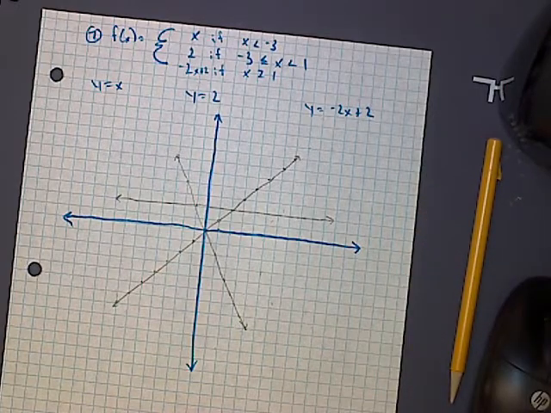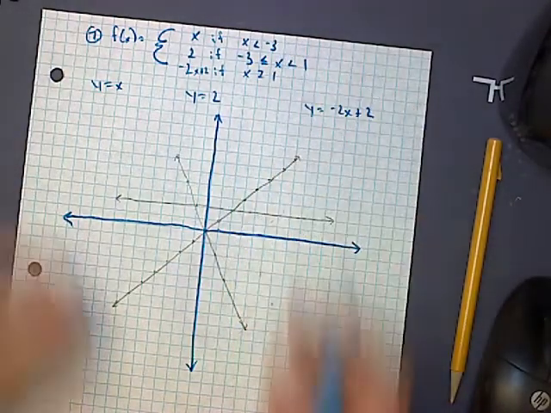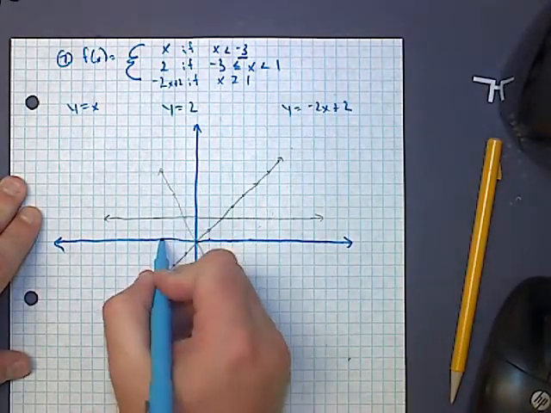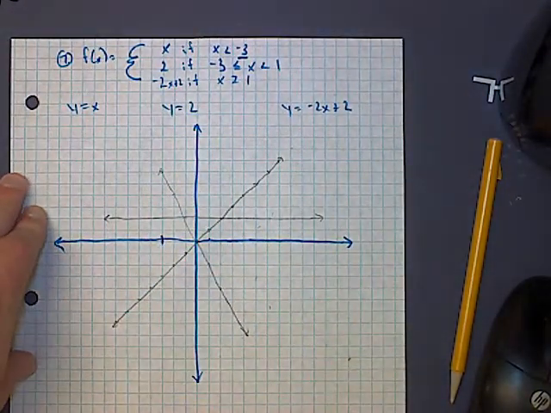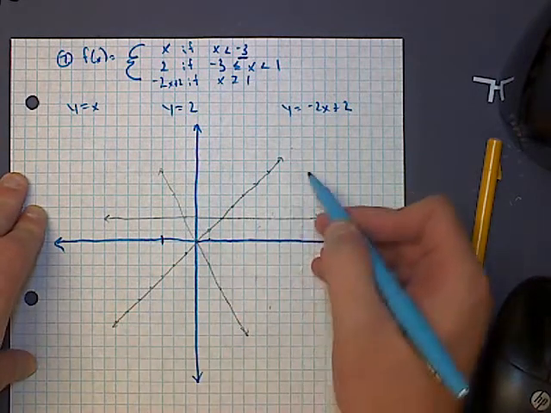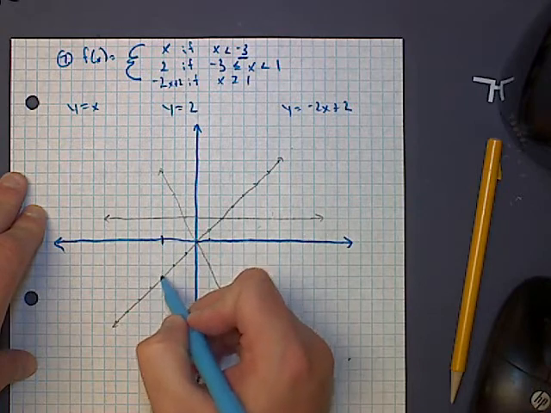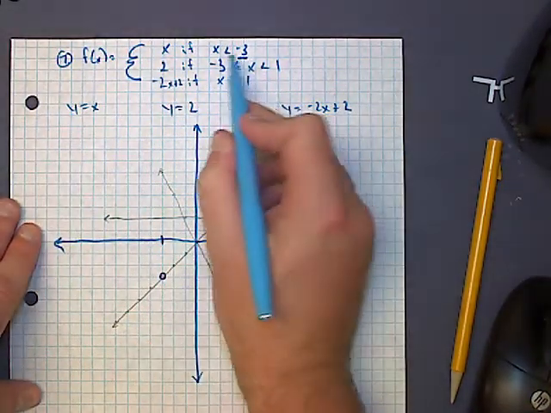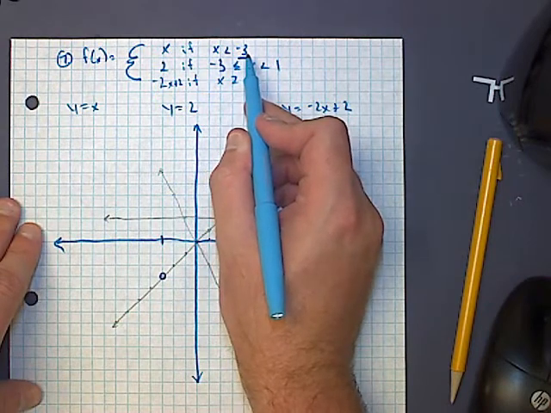So this first graph, you're looking at negative 3. So I'm going to go negative 3. 1, 2, 3. Something's going on there. Okay. It's this y equals x graph first. Go to there, go down till you hit it. That is an open dot. It says for all x values less than negative 3.